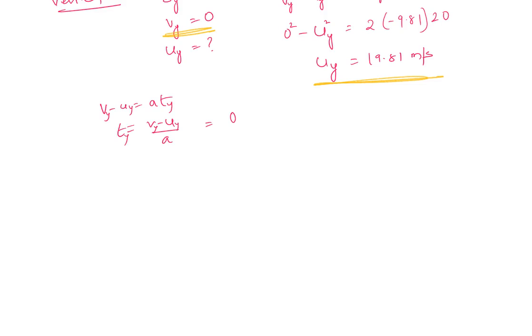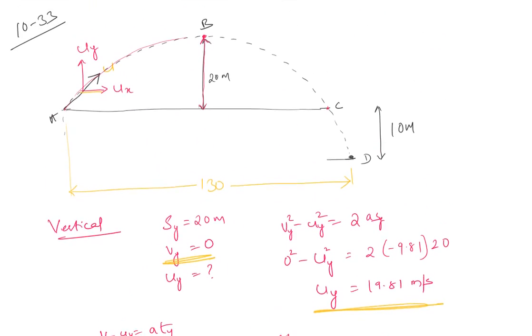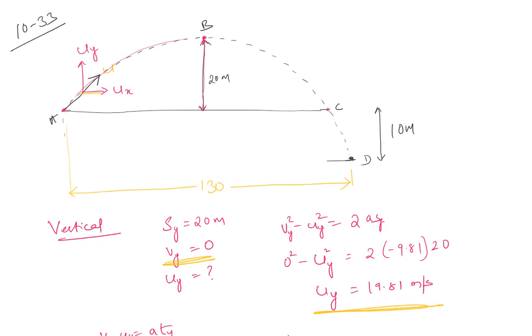So 0 minus 19.81 divided by acceleration, which is negative 9.81. So 19.81 divided by 9.81, 2.02 seconds. 2.02 seconds to go from point A to point B.